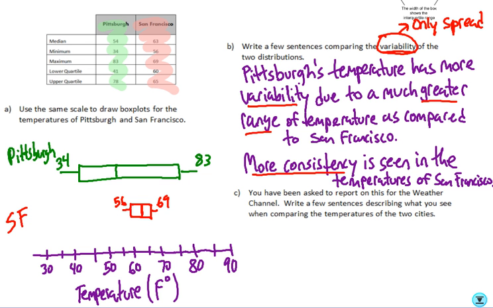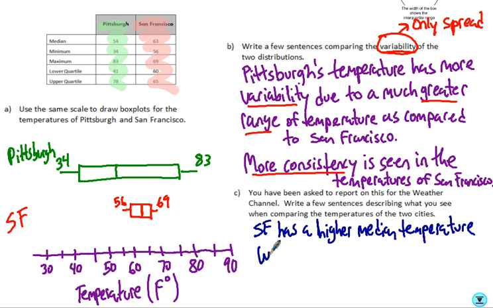So if we're doing a report for the Weather Channel, we can say that San Francisco has a higher median temperature, with less, let's talk about the spread, with less variability as compared to Pittsburgh.